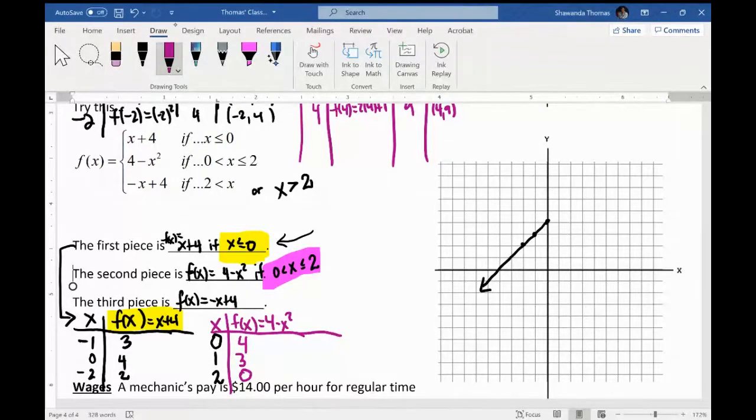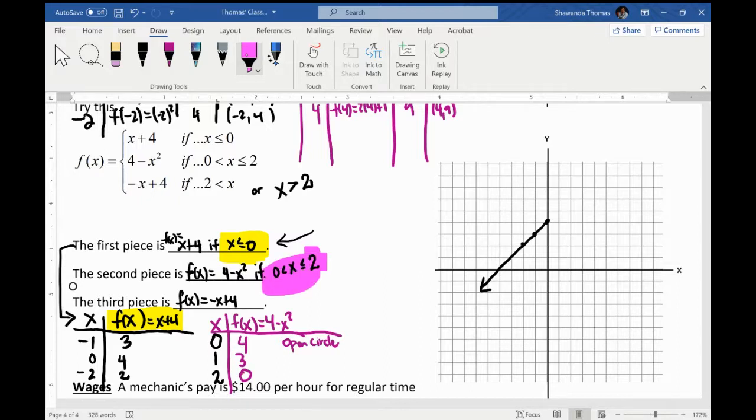All right. Let's see. 0, 4. Now on this one, I've got to put out a little note. There's an open circle at 0, 4. Why? Well, based on this little inequality here, why is it an open circle? Because it's not a greater than or equal to sign.